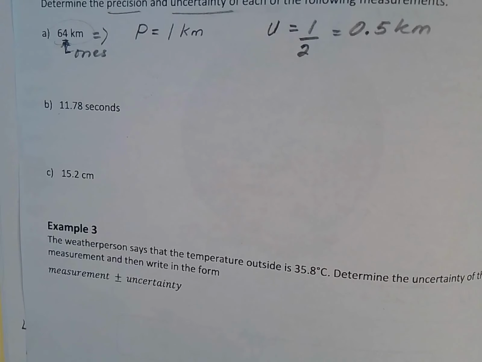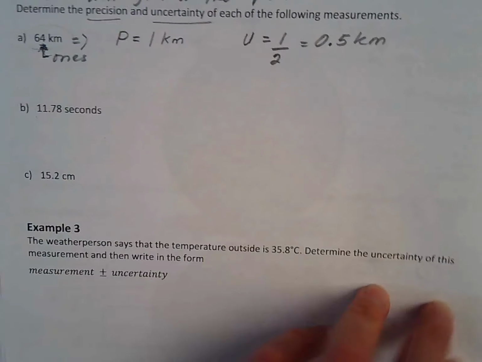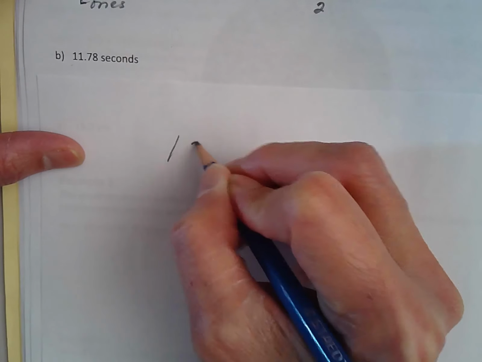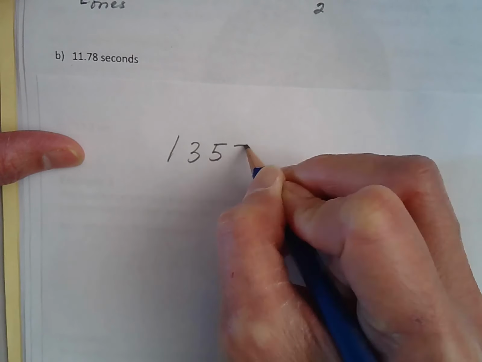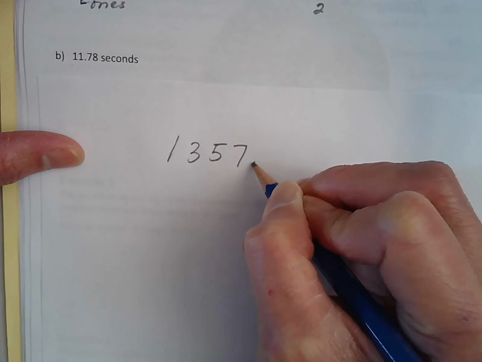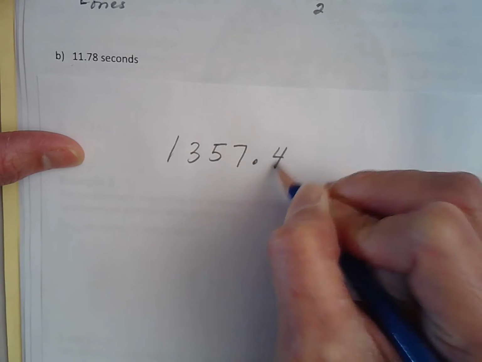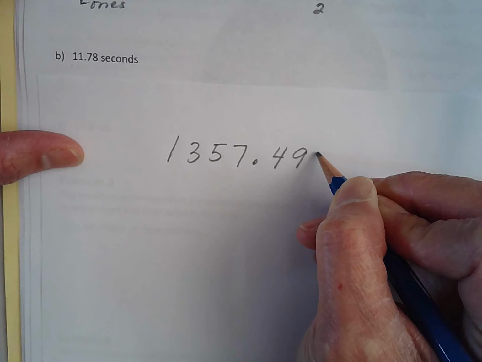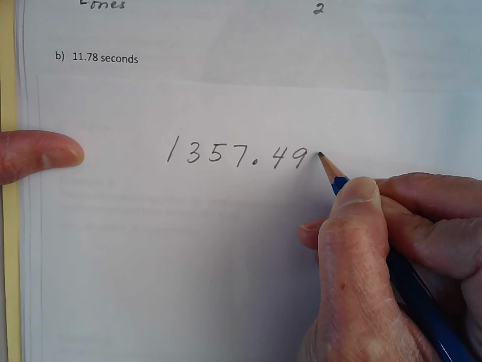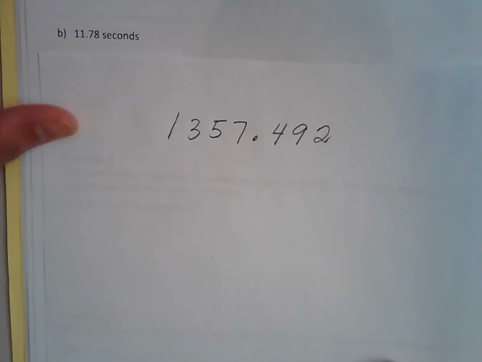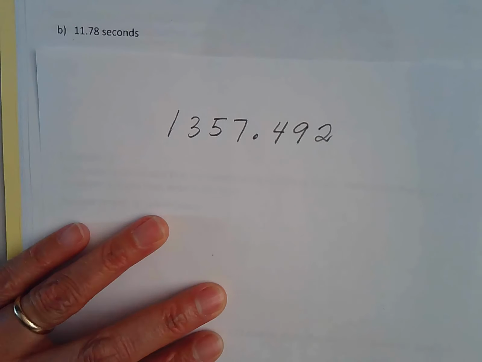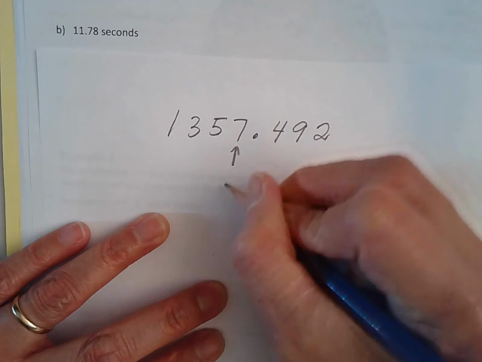Everyone's very quiet, and I just want to make sure that you're going home and you know what I'm doing here. So if I give you 1357.4992, you know that this is ones.